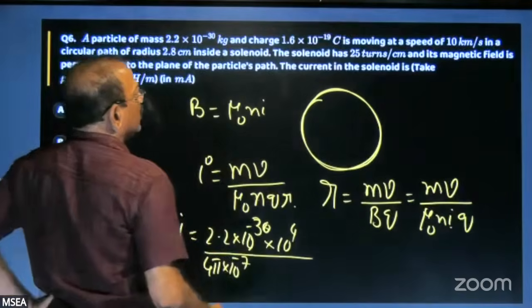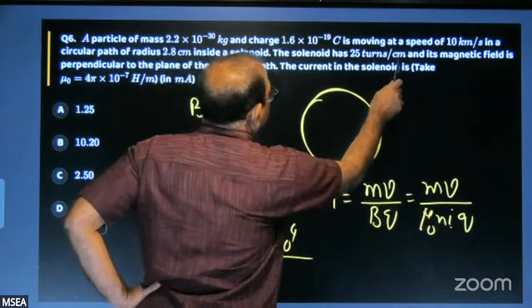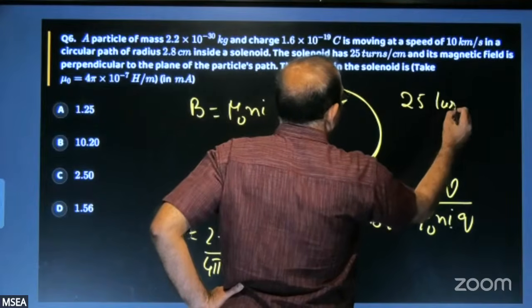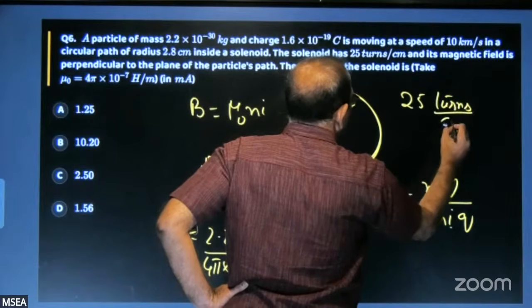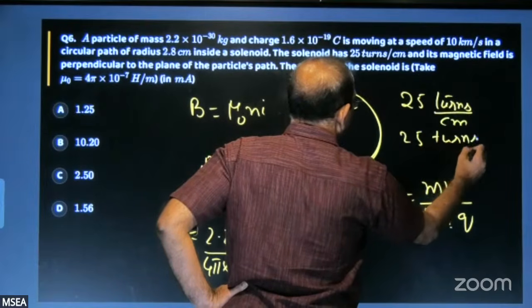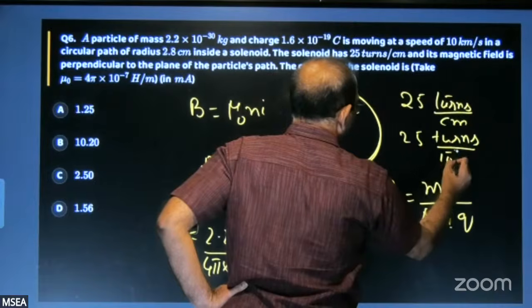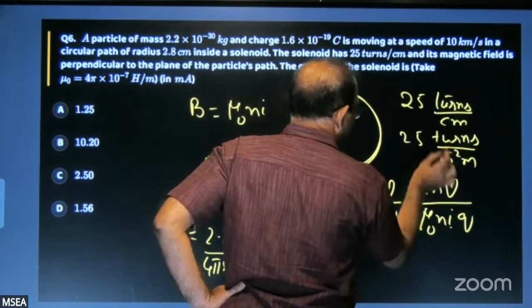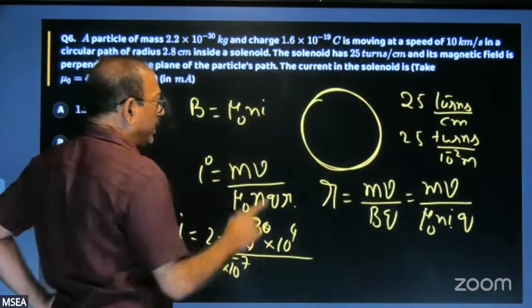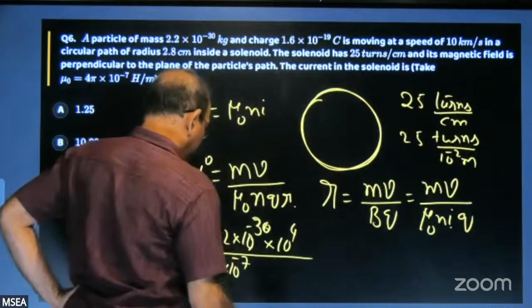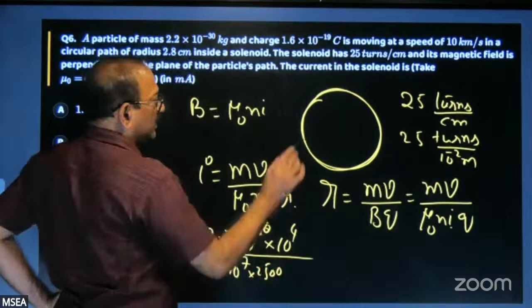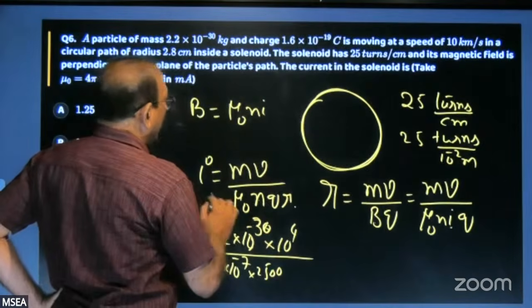N, the number of turns on the solenoid per unit length, is 25 per centimeter. You have to convert this into meter: 1 centimeter is 10 power minus 2 meter, so it goes up, 10 power minus 2 becomes 10 square. 2500 turns per meter is the N value.